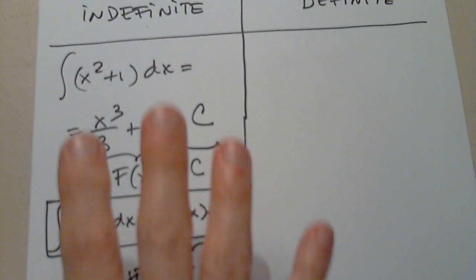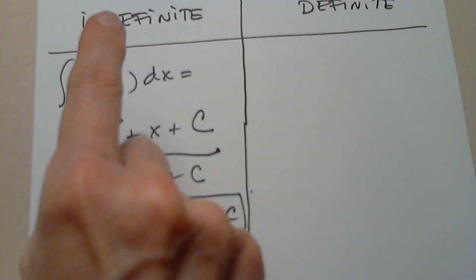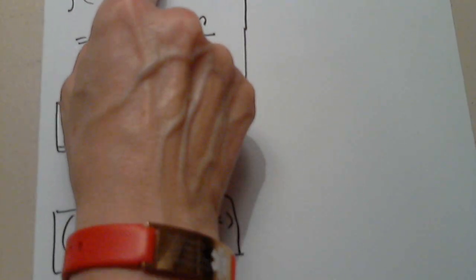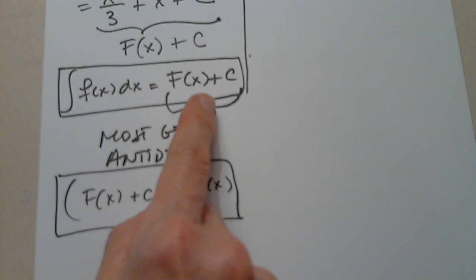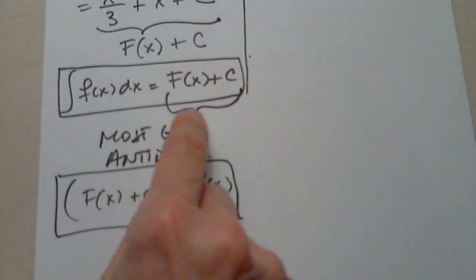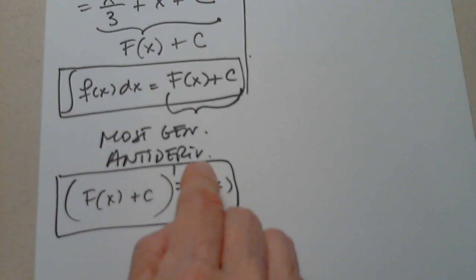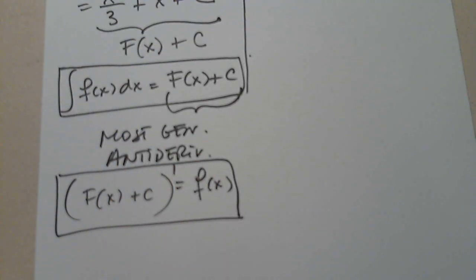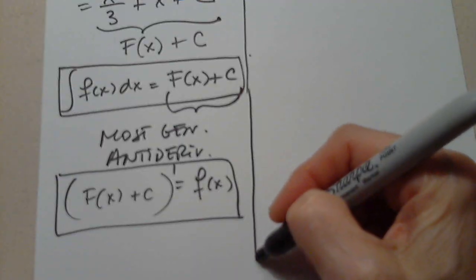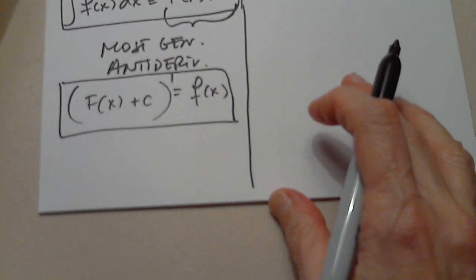So we also know, and I'm going to write this down as well, an indefinite integral has a result, a function, or a family of functions, or the most general antiderivative. So again, I'm also going to write that in here just to make it super clear.